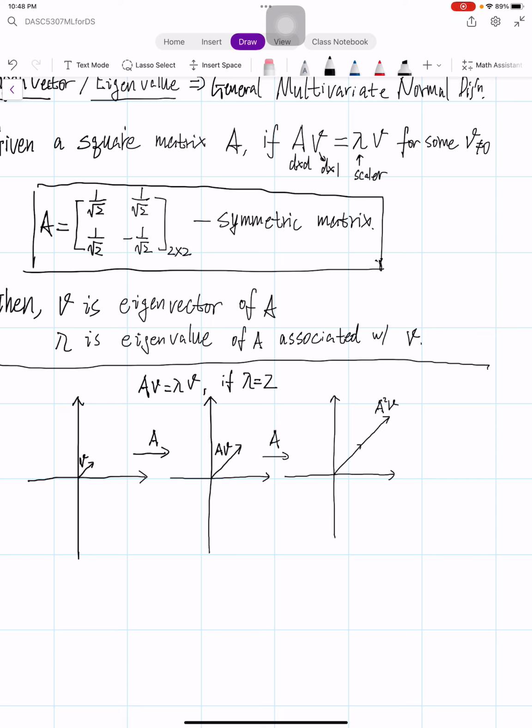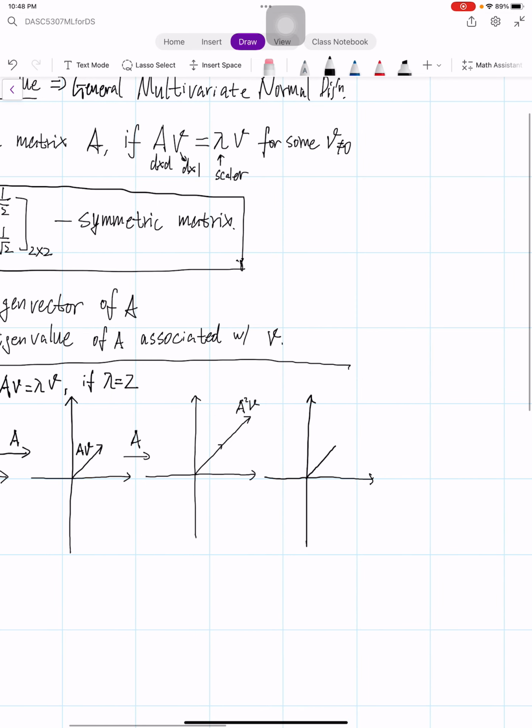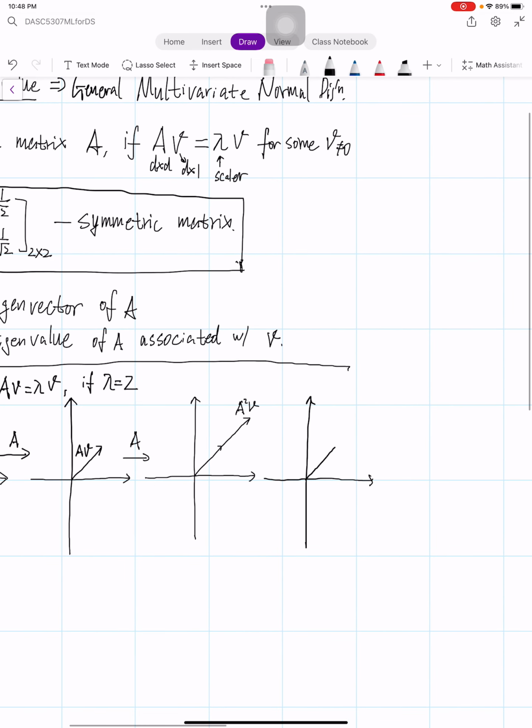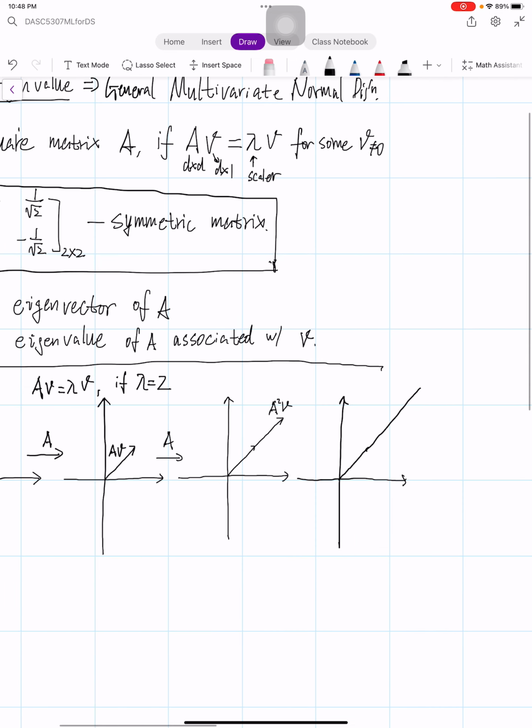Okay, and we can plot one more. This is even longer. So A nu equals 2 times nu, and A square nu equals 4 times nu.